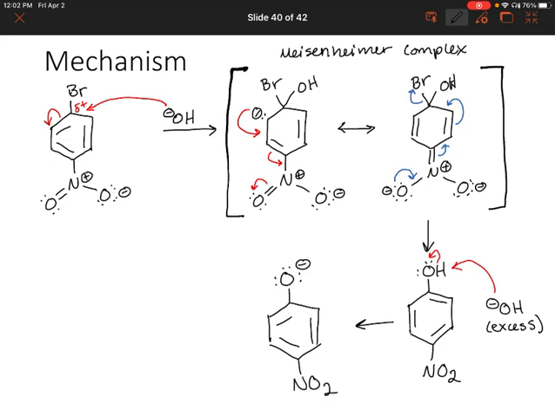So to reprotonate that oxygen, we're going to add some acid. And that's just going to add a proton back onto our oxygen, and now we have our final product.